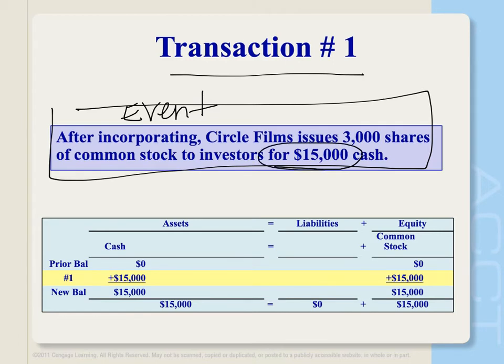So over here, if we're going to go ahead and apply this to the accounting equation, we increase cash by $15,000 and we increase equity. Here is the asset side, and here is the liabilities and equity. What you do to one side of the equation, you do to the other. Okay? And then we do a balance.